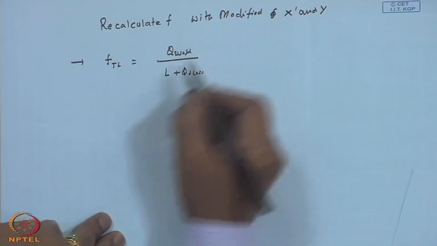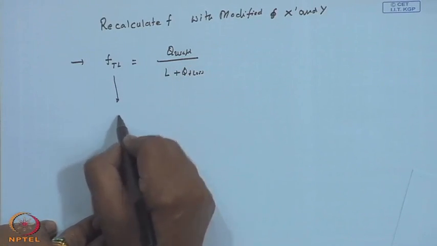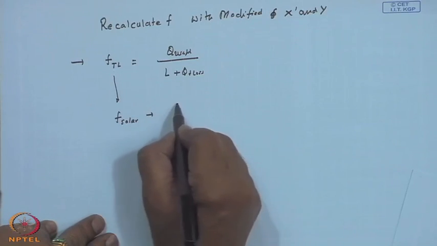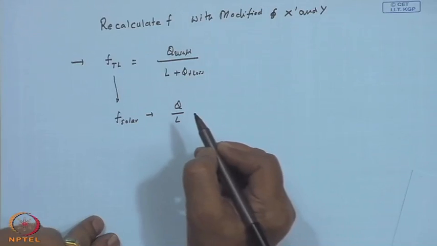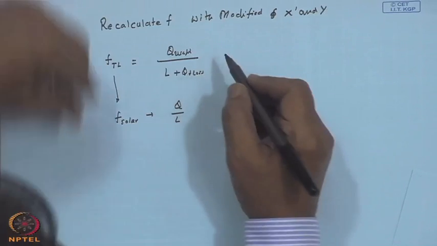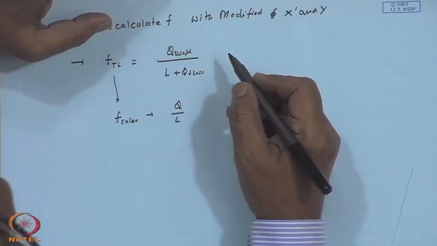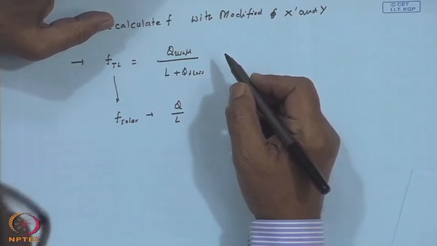Okay. Then from this we shall calculate F solar, that is what is Q upon L, which can be algebraically calculated, and I am deliberately not giving the details here. The purpose will be best served through an example.